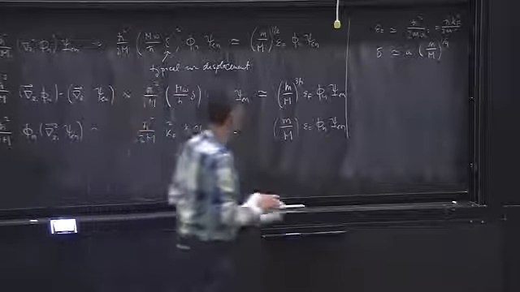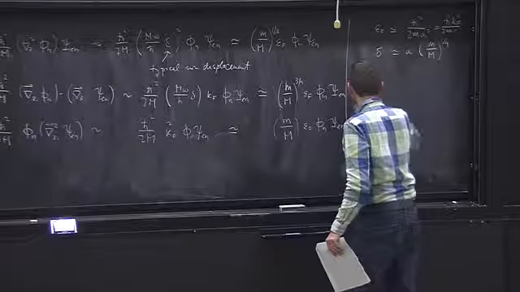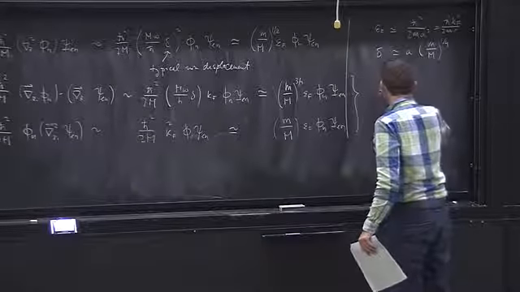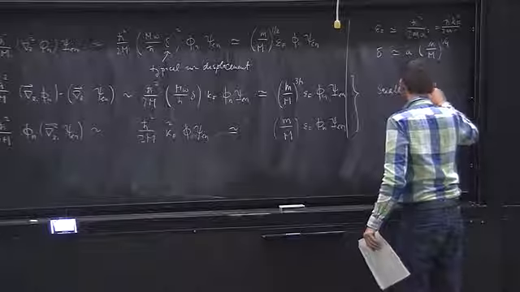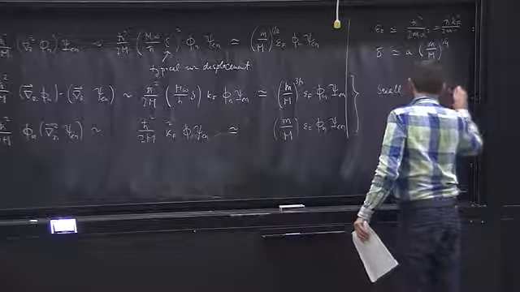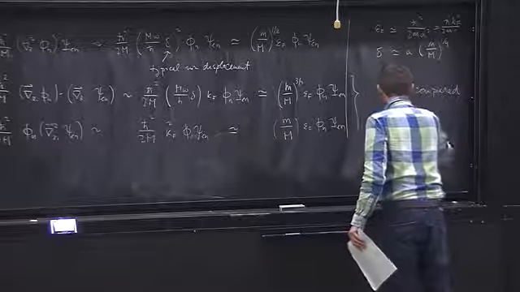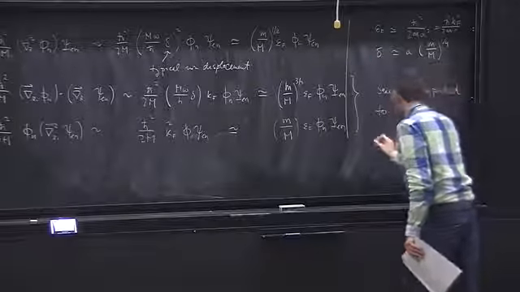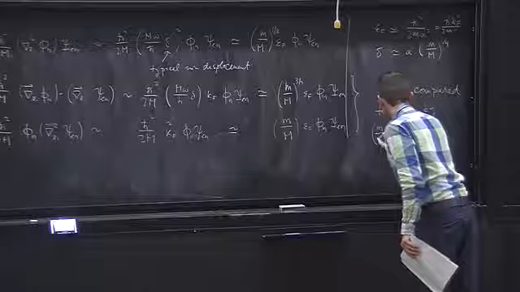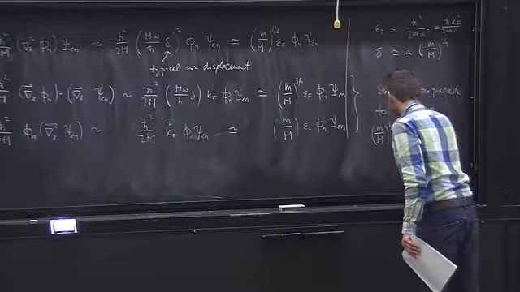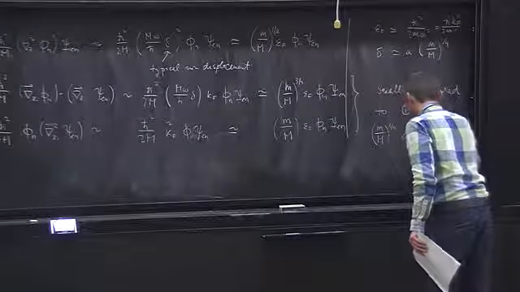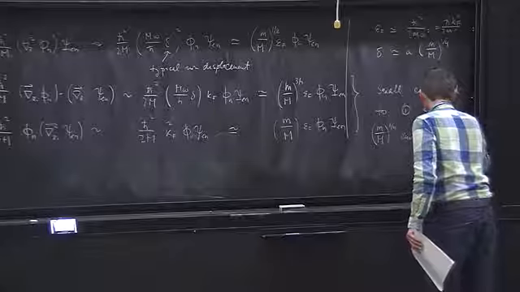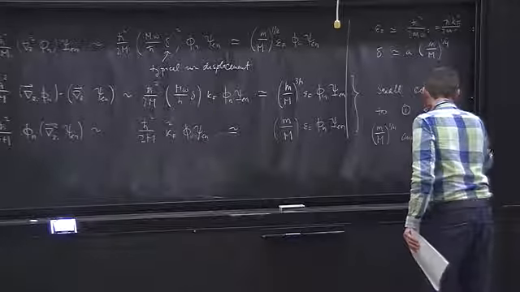So we conclude that these 2 terms are small compared to the term that we kept, which I call 1 here, by m divided by M to the 1/4 and m divided by M to the 1/2.